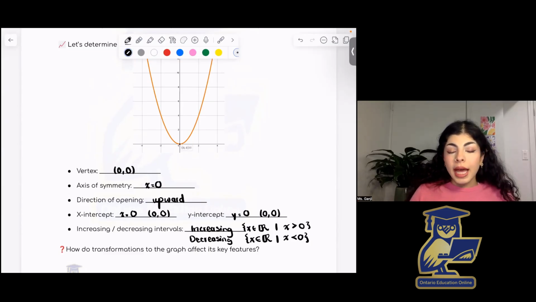So in that case, we would see that we actually have no x-intercept. Our y-intercept would be at 3, and our vertex would be at 0, 3. And things that would remain the same are the axis of symmetry, the direction of opening, as well as the increasing and decreasing intervals. So now take a moment and think about all the other transformations we've seen and consider how making those transformations would affect these specific key features of the quadratic.